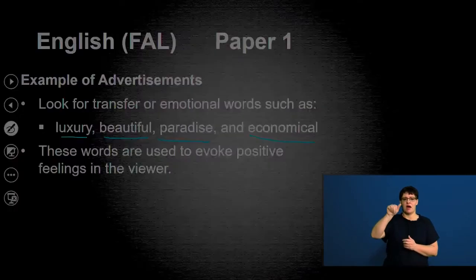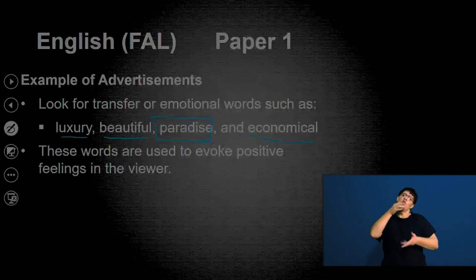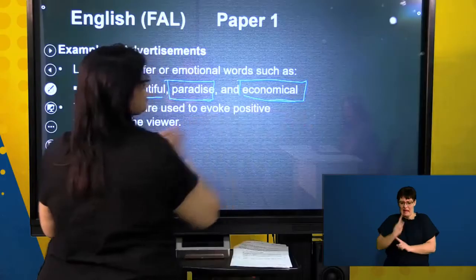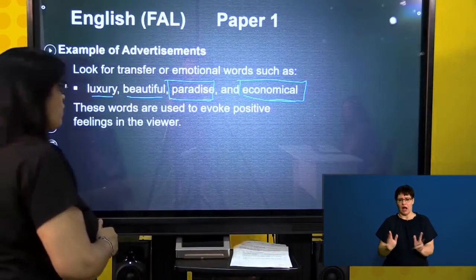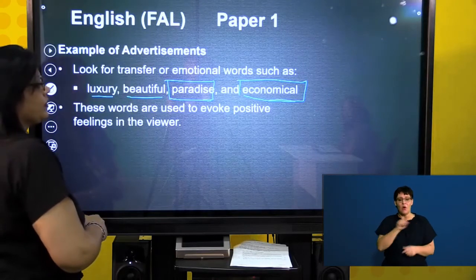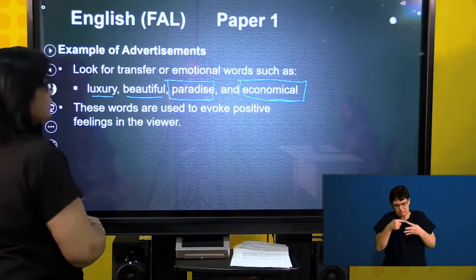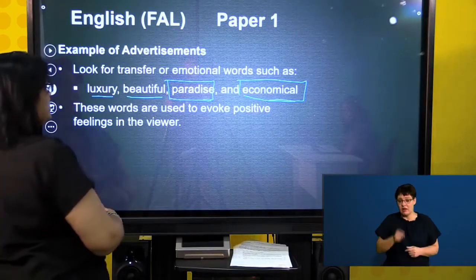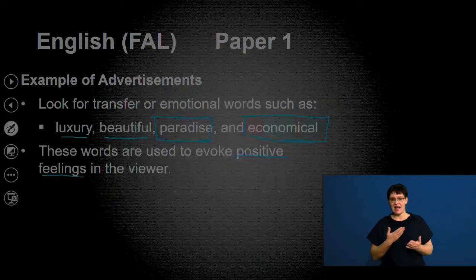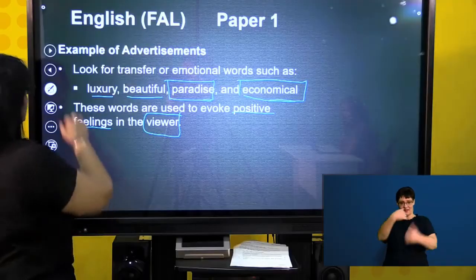Paradise, everybody wants to go on a holiday to a place that looks like a paradise. And economical, something that doesn't put a dent in your pocket, something that you can actually afford. So affordability, those are things that appeal to people who are struggling but want finer things in life, right? So these words are used to provoke positive feelings in the viewer. The viewer here is the target audience. So it's aimed at a specific target.